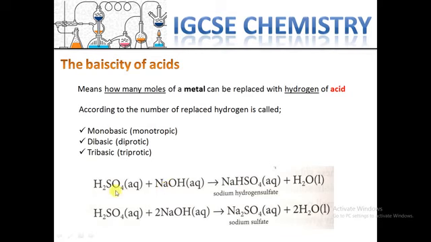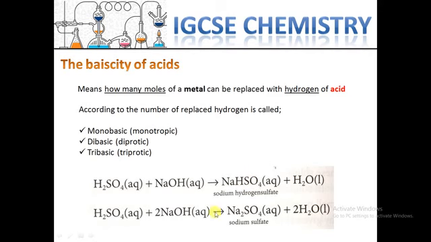First, in one step, the metal can be replaced with one of the hydrogens in the acid. Here, as you can see, only one metal, or one sodium, can replace one hydrogen. Here you had two, and now you have one hydrogen, and it produces another water. This is salt.